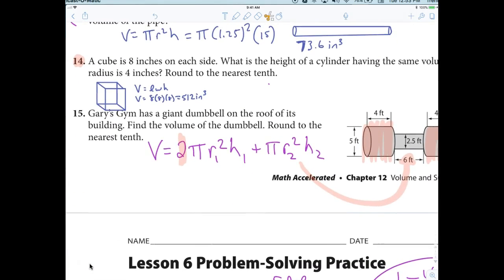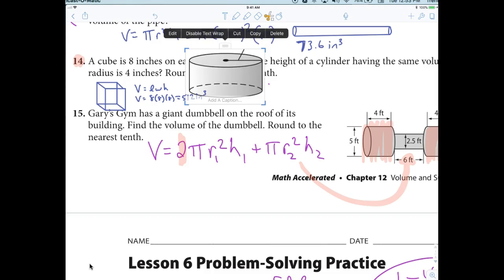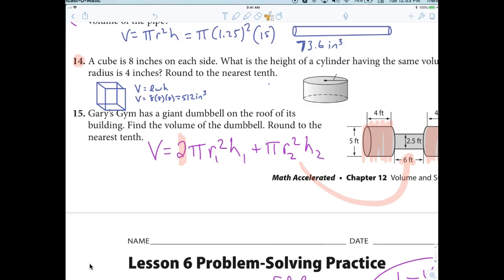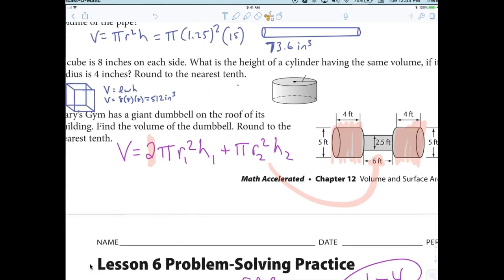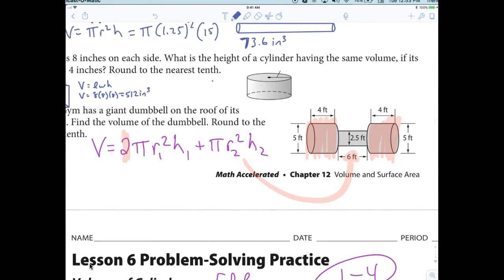That's the cylinder. And we know that that cylinder has a volume of what? 512. And we know that the radius in this case is what? 4 inches. We don't know what the height would be then.